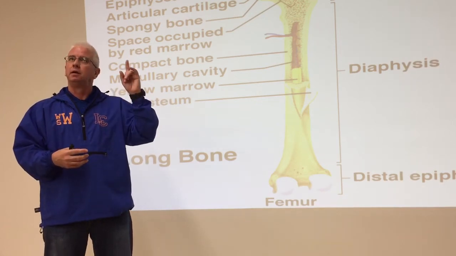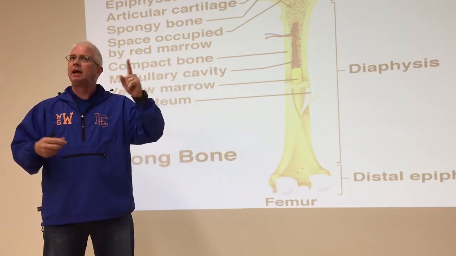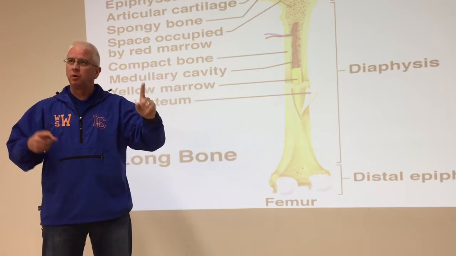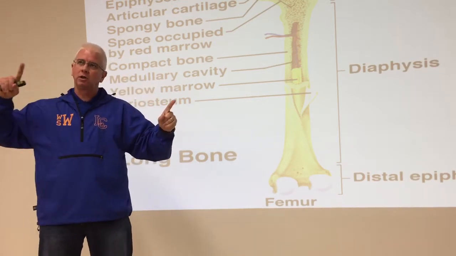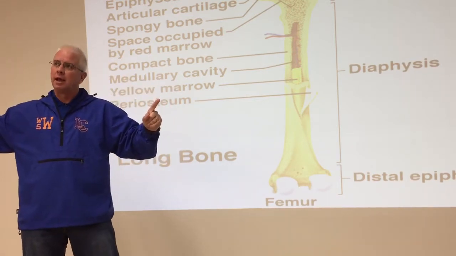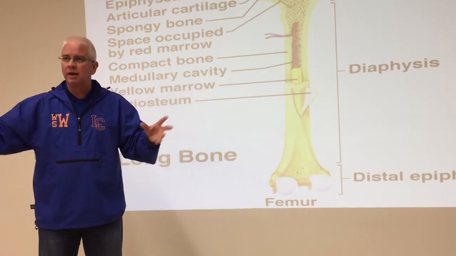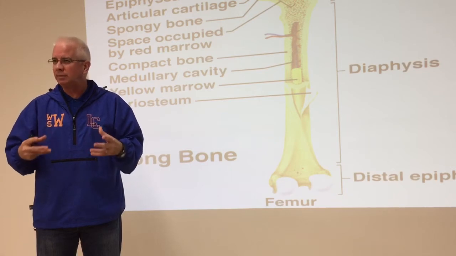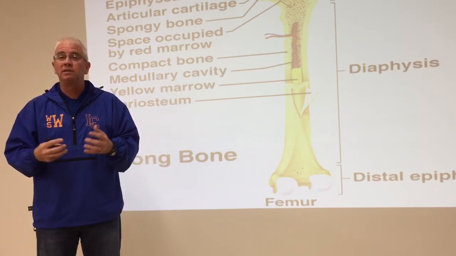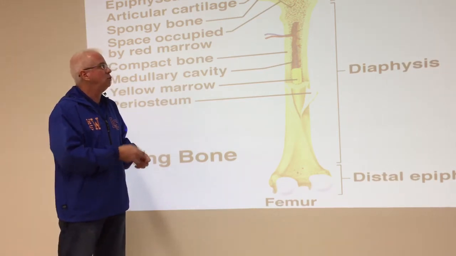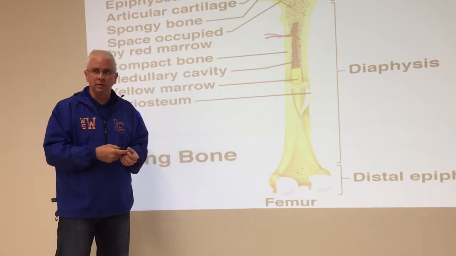So we did fibroblast for connective tissue proper, chondroblast for cartilage, osteoblast for bone, and hemocytoblast for blood. And so I describe blood as a hematopoietic tissue. I keep using this term. Okay, the reason I bring it up here is because you already know that red bone marrow is here.